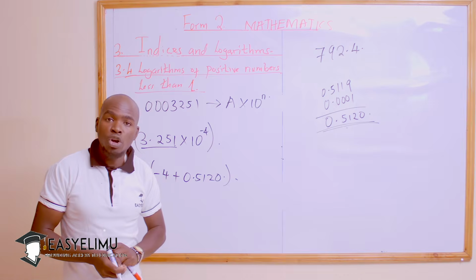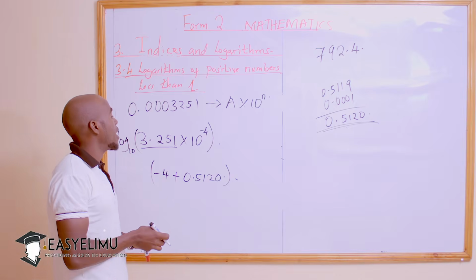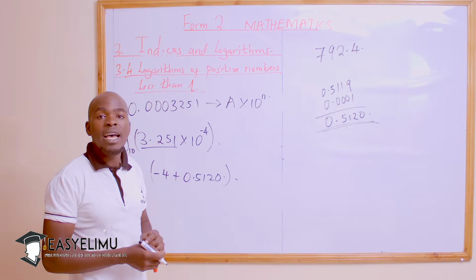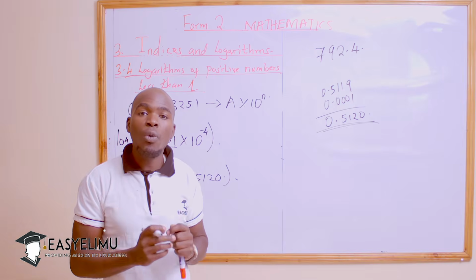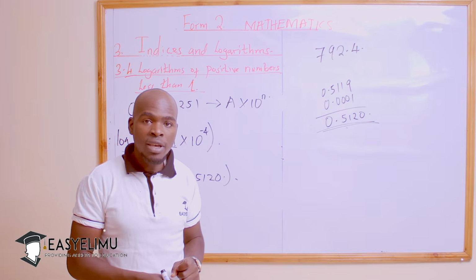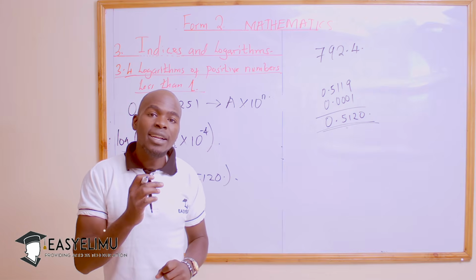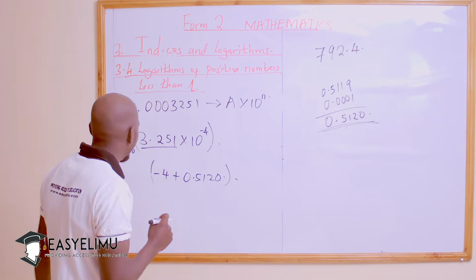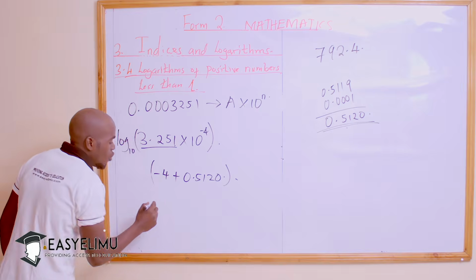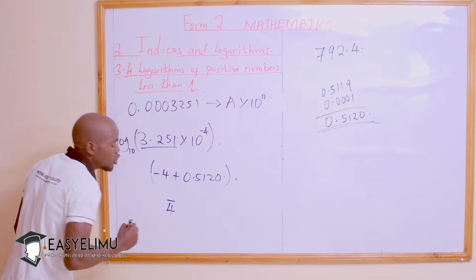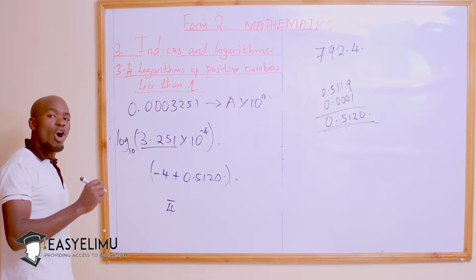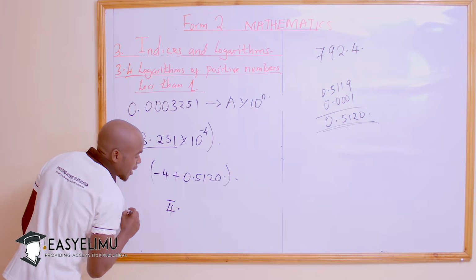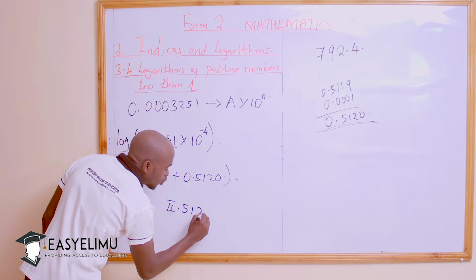Now another point to note: when you are dealing with a logarithm which has a negative characteristic, it means that only the characteristic part is the one which is negative, not the mantissa. In that case, the characteristic part is written with a negative sign on top of it. For example, in computing this, we shall write the negative on top of 4 to mean that only the characteristic part is negative, but the point will remain the same, and then we shall have 1, 2, 0.